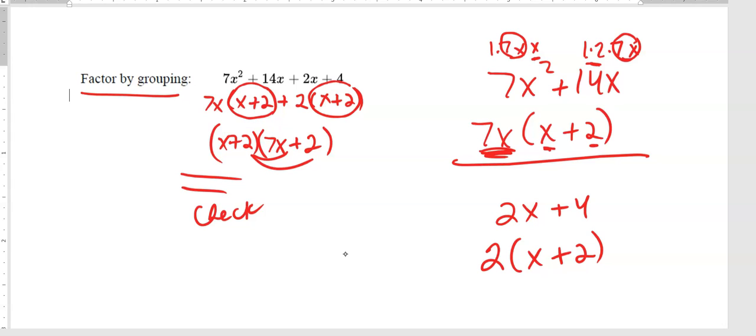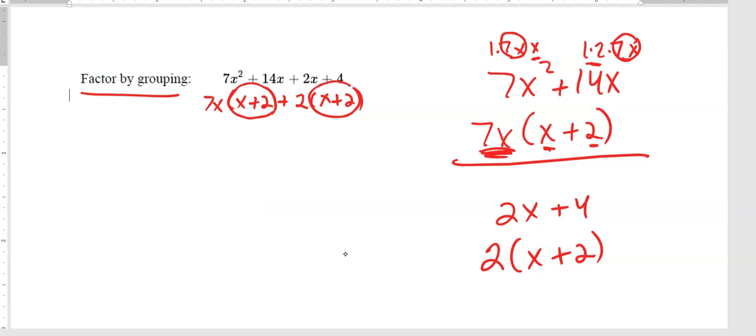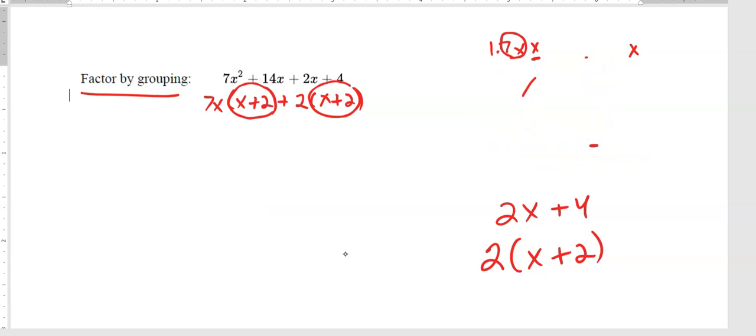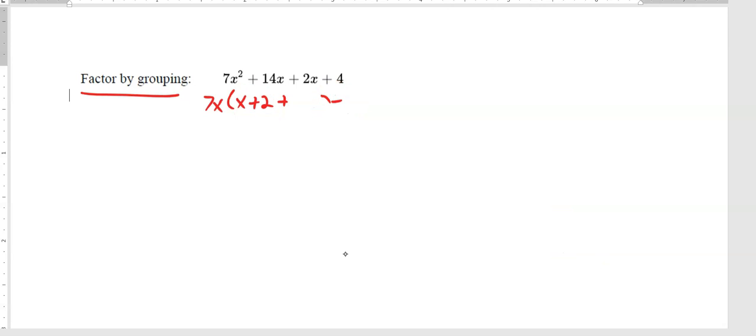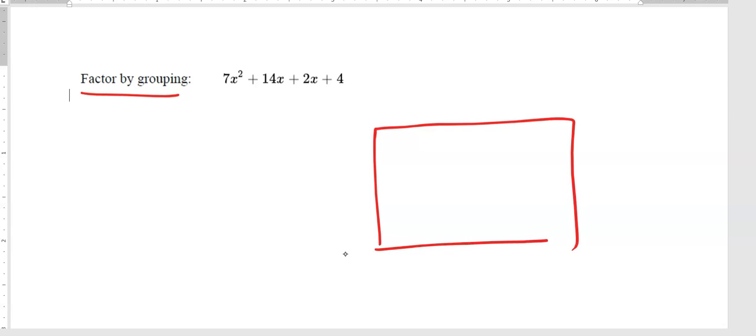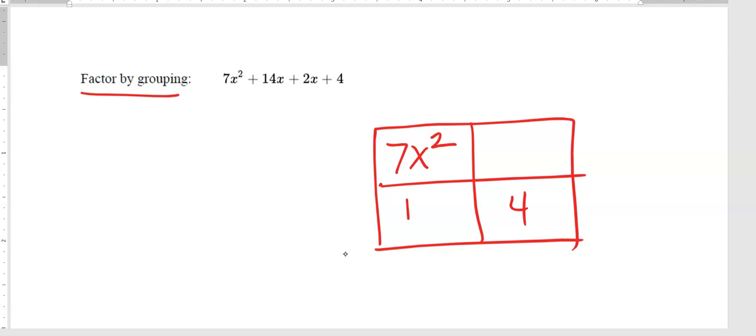And I need to make sure that I end up with the same problem that I originally started with. All right. I also want to show you a different method if you're struggling with this. Some people like to draw a box. You have 4 terms. You put the first term in the first box and the last term in the last box, and then your other 2 in either of the other boxes.